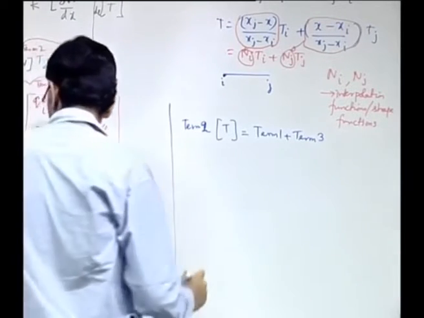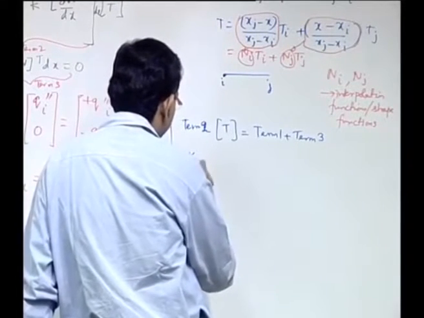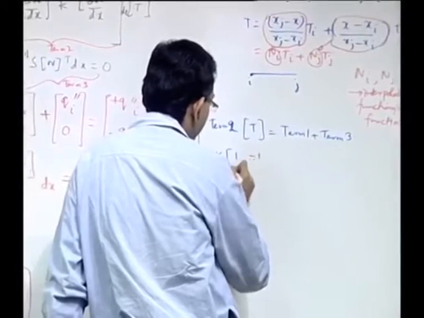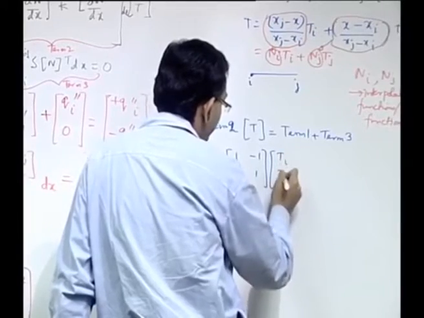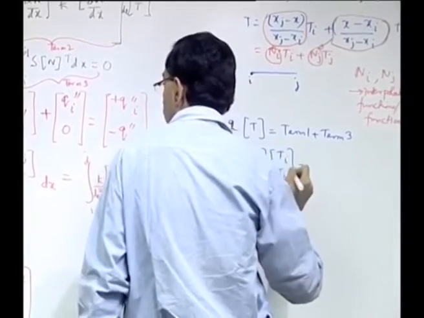So, K by Le times the matrix [1 -1; -1 1] times Ti, Tj is equal to the source and flux terms.